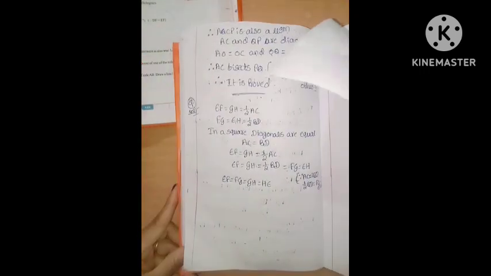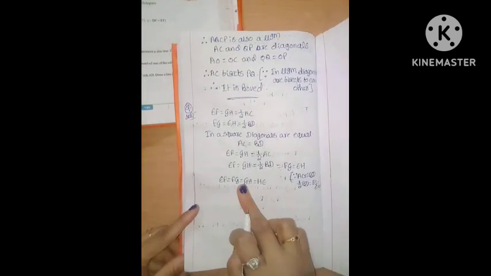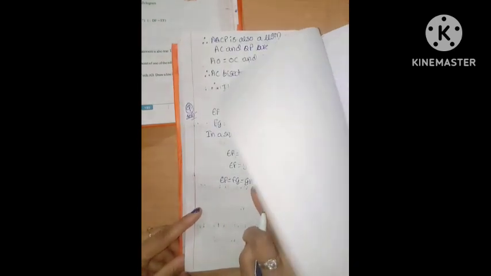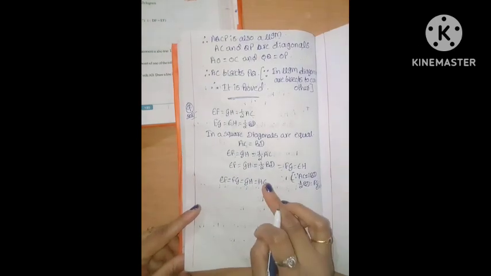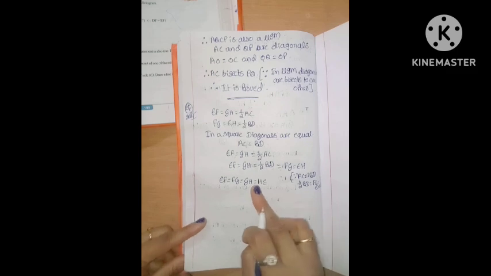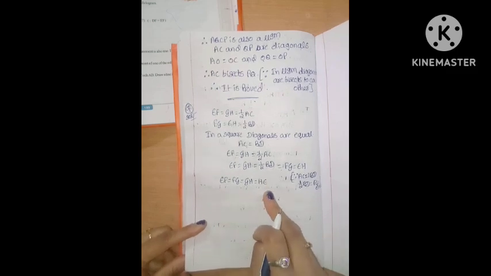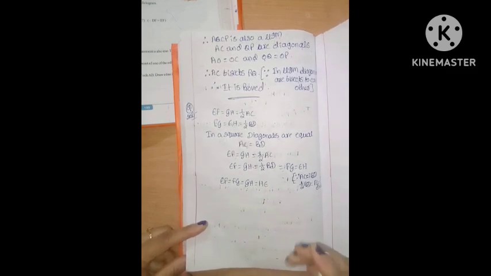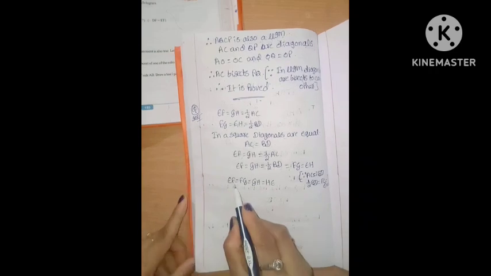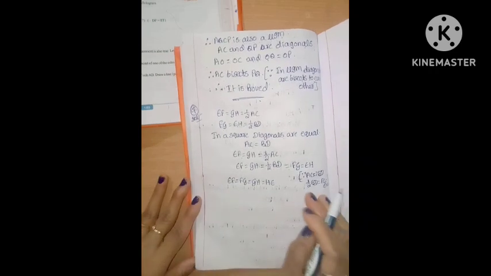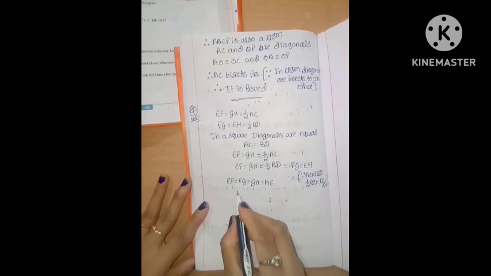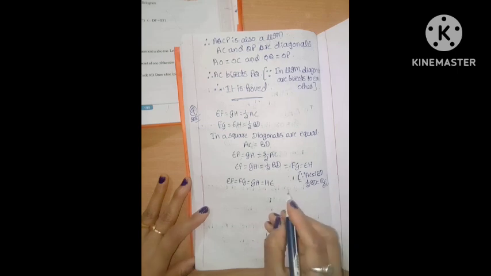What can we say? Either it is a square or a rhombus. In a square and rhombus, all the sides are equal. All the angles are equal only in a square. We know that. So here all the sides are equal, so we can say it is a rhombus.